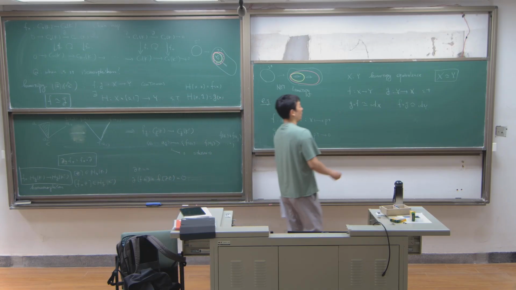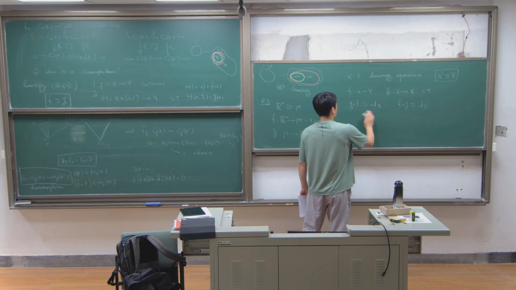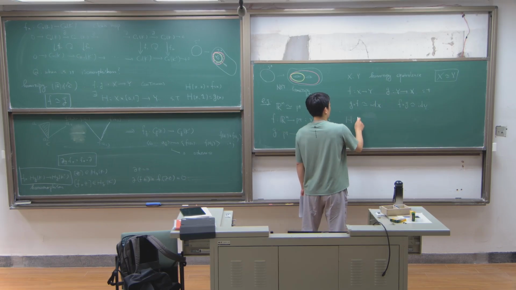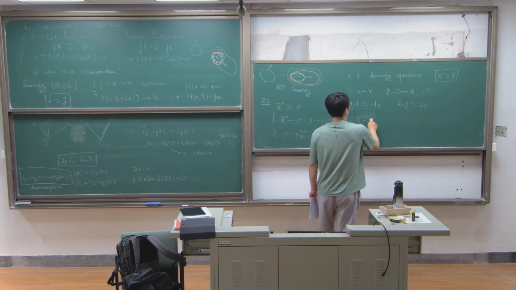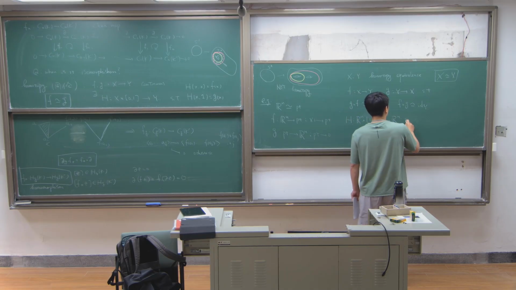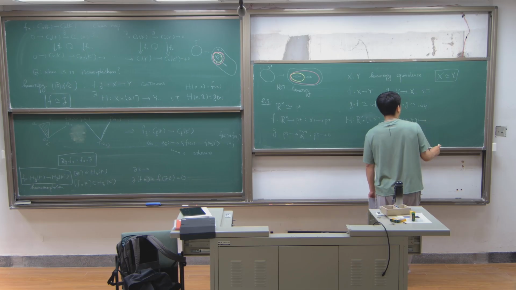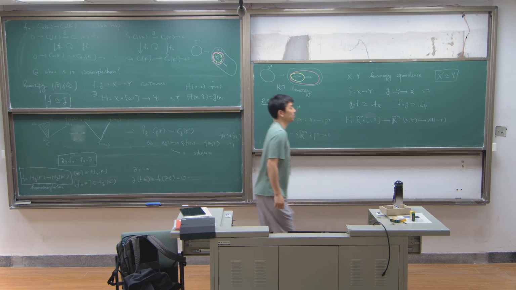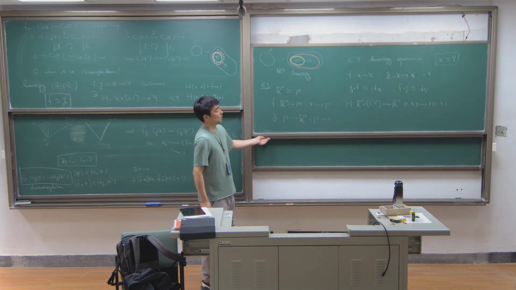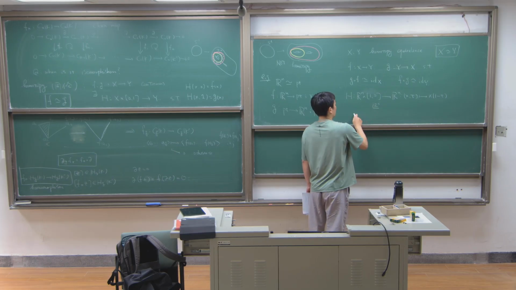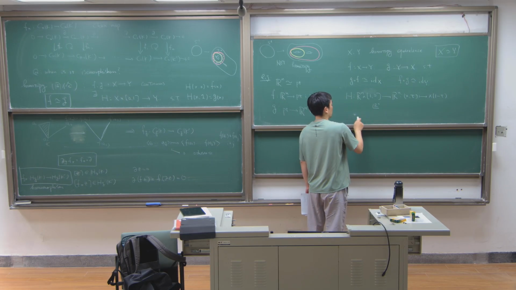So there's Rn, and there's a homotopy such that x and t are mapped to tx. If you do that, when t is equal to 0, there's the origin here, 0, and there's a point x here.